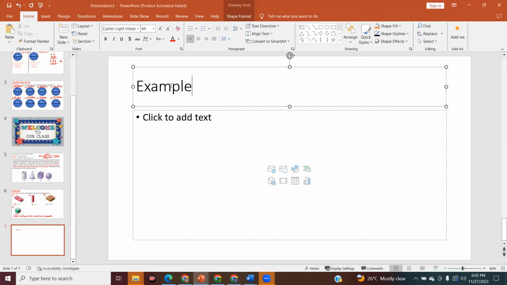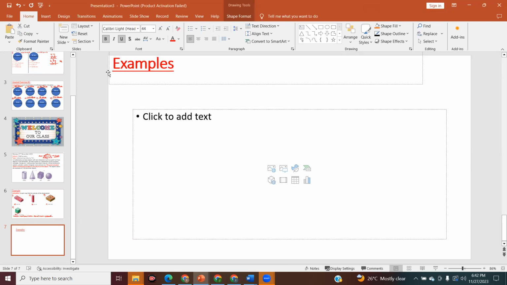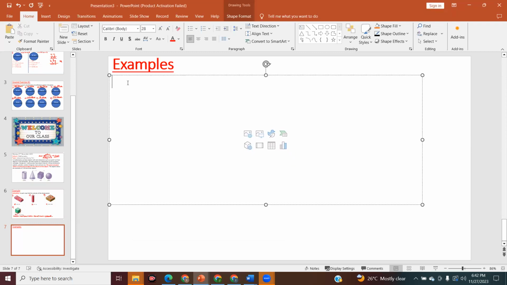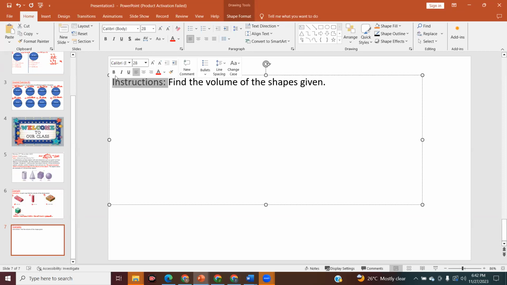And let me do some more examples. So for this one, the instructions is very simple. We need to find the volume of the shapes given. And so for these ones, we have to apply the formula.